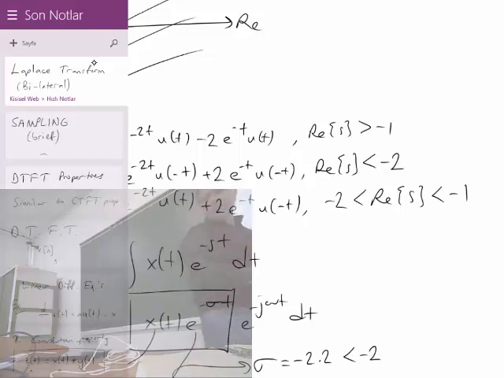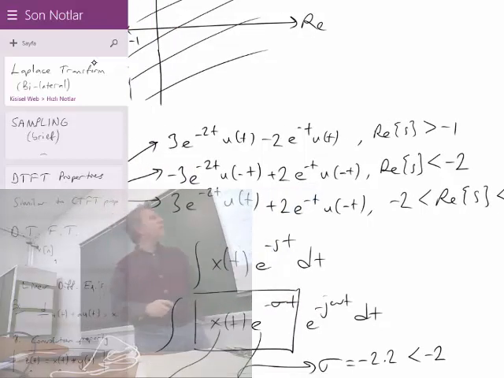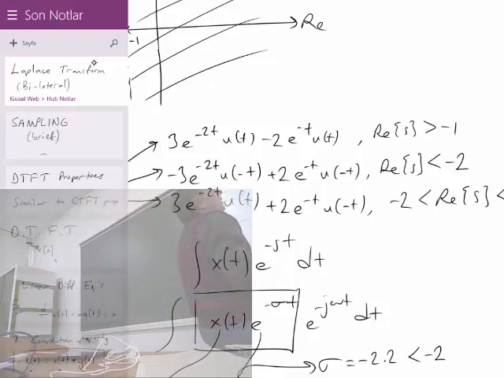Let's multiply these with e to the 1.5t. What will this be? E to the minus 2t times e to the 1.5t. It will be e to the minus 0.5t. Is that okay?